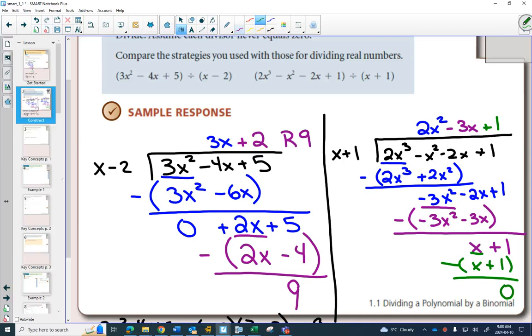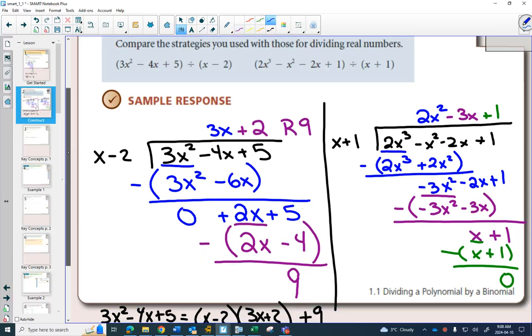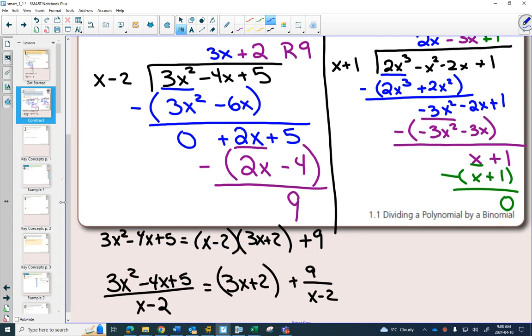So, what is this? Oh, this result is so exciting for the following reason. If I write out what this means, 2x cubed minus x squared minus 2x plus 1 equals x plus 1 times 2x squared minus 3x plus 1 with no remainder.